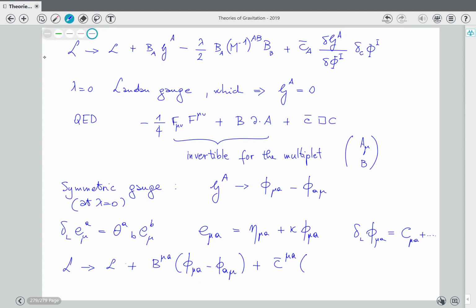So what you have is delta mu delta A with new indices, which we will call nu and B. And so this delta C will have indices nu and B minus the antisymmetric part. Plus whatever, we will see that this is not important. Well, we can already say that it is not important.